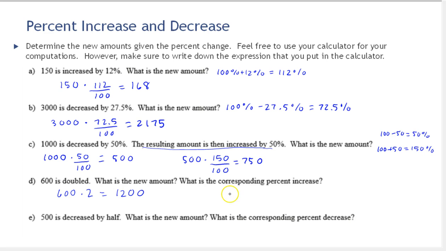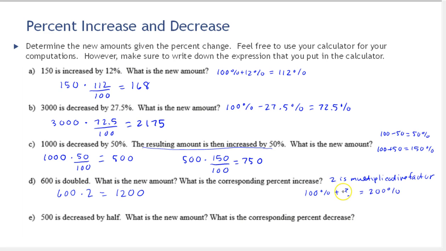Now, what does this correspond to in terms of a percent increase? So we could think of it as 2 is our multiplicative factor. And we have 100% plus some other percent needs to equal 2 as a percent is 200%.